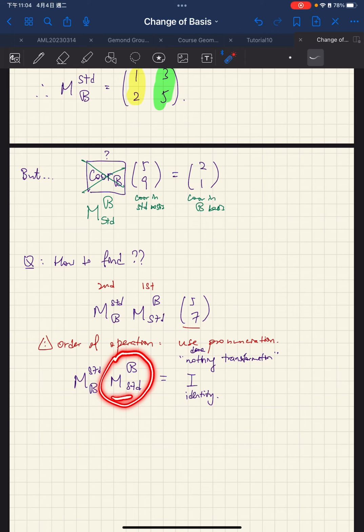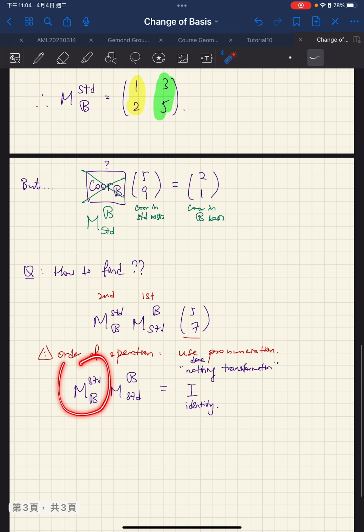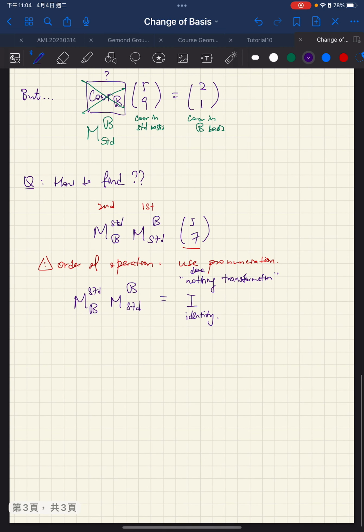But look at this. This is one of them. This thing we know, right? And they multiply to I. So you can prove that this thing is actually the inverse of this.